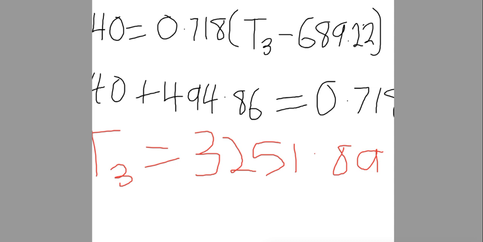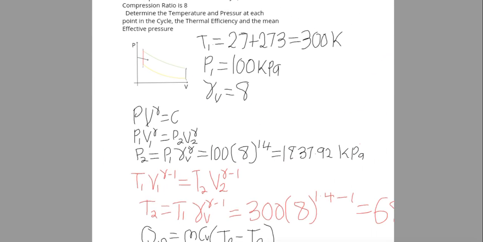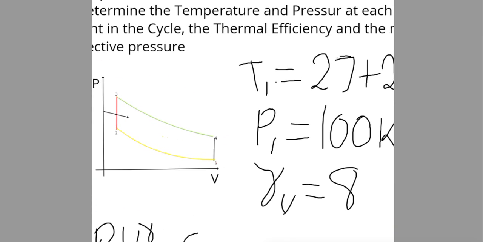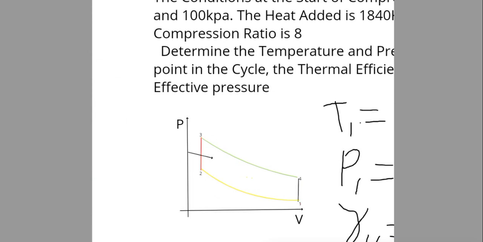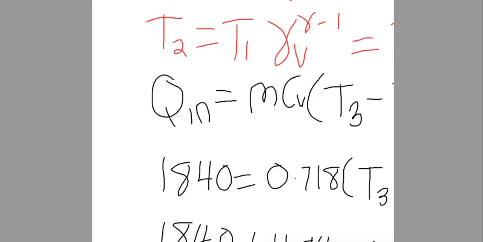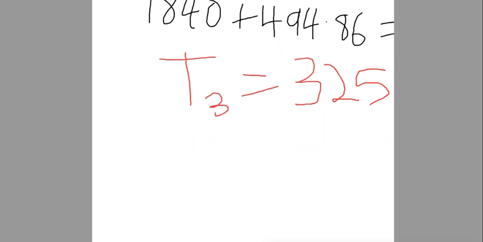We need to get our value for P3, that is the third pressure at this highest point over here. I have mentioned the formula that we're going to use earlier, which is P over T is equal to C. So now that is P2 over T2 is equal to P3 over T3. Let's do that.